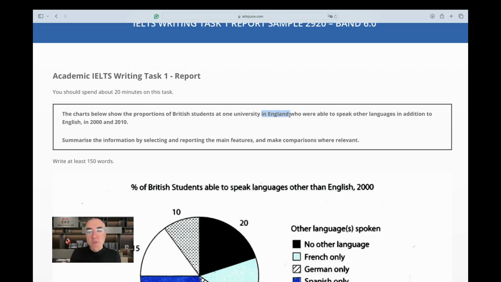How about time? We also have time. There are two pie charts and we have two time frames, 2000 and 2010. There are two isolated time frames. We don't have the information in between.